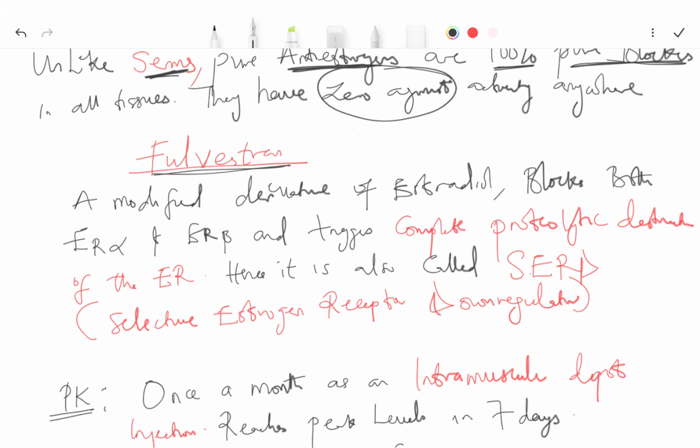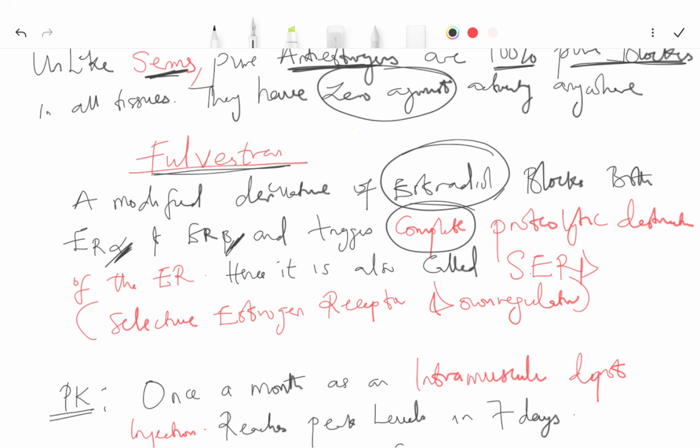Fulvestrant is a modified estrogen derivative, particularly a modified estradiol derivative. Its function is to block both the alpha estrogen receptor and the beta estrogen receptor. Apart from that, it also causes complete degradation of the receptor.